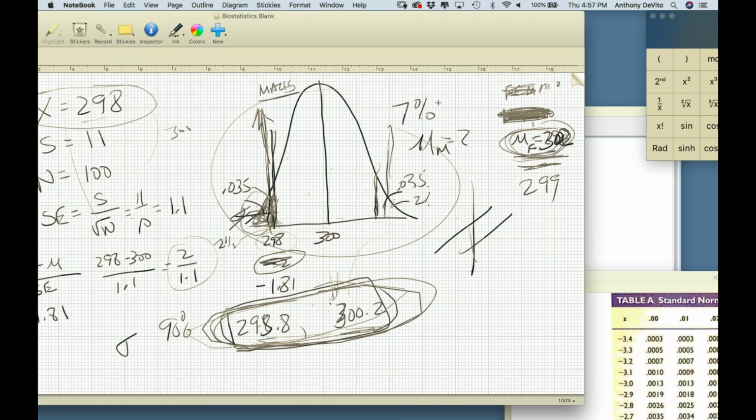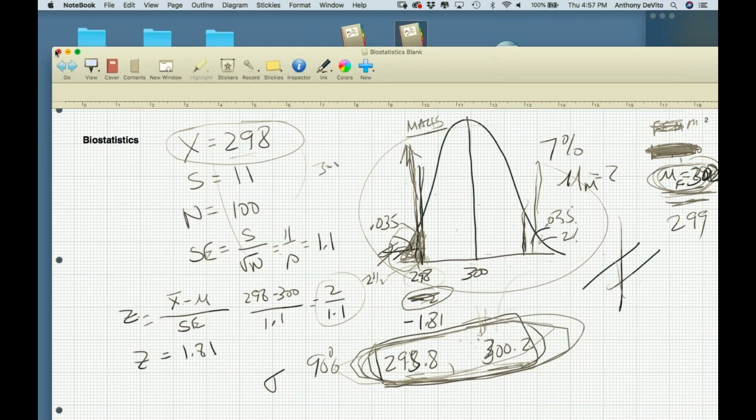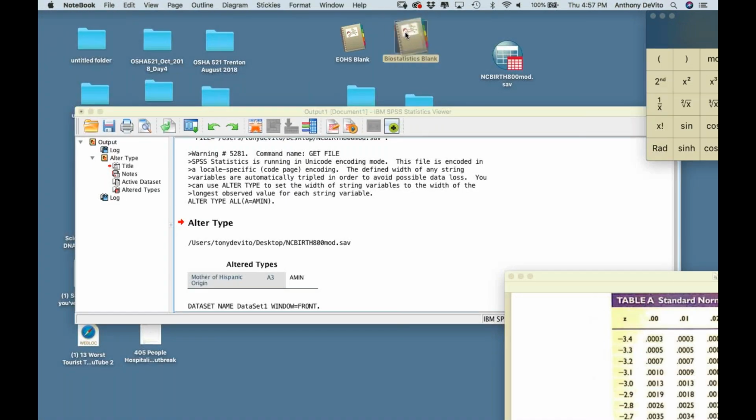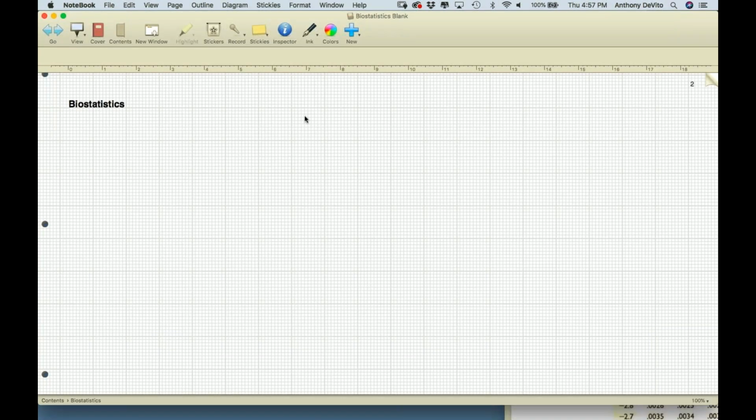One way to compare the two groups is to do exactly what I did here. For instance, let's say we're going to talk about lead later on. Let's say I'm calculating the amount of lead in the air. I take a bunch of blood samples from workers, and the average blood lead level is 10.3, right?